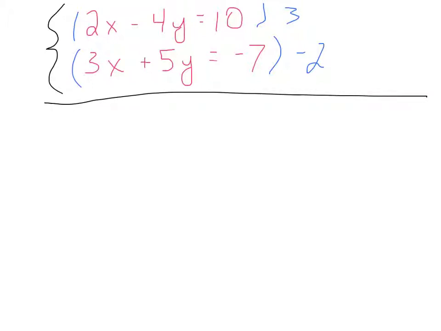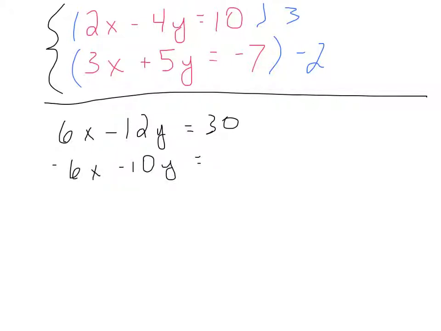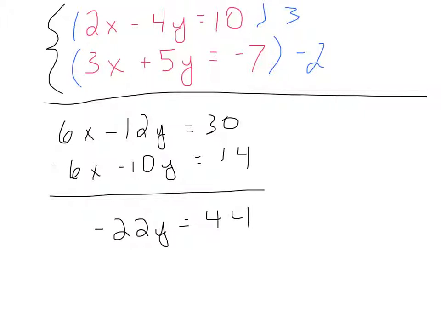Let me rewrite my equations. 6x minus 12y equals 30, and negative 6x minus 10y equals 14. That's going to give me negative 22y equals 44, and that gives me y equals negative 2.